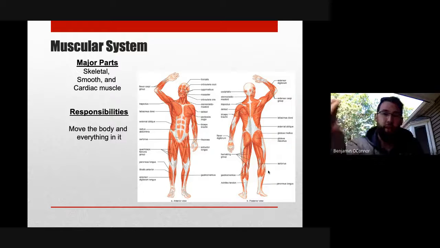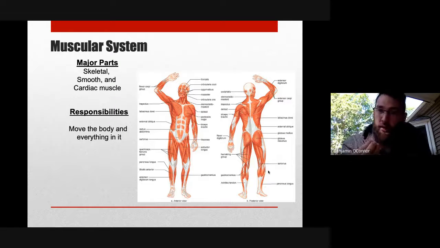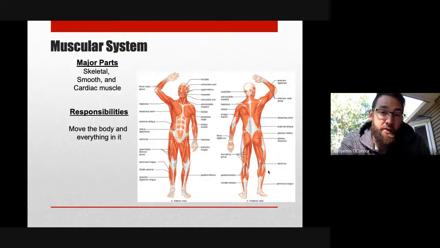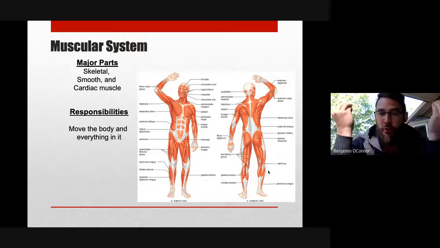You control this. You don't control your heart beating, and that is your cardiac muscle. In general, the responsibility of the muscular system is to move the body and everything in it. So when you are walking over to your laptop to view this presentation, you were using your skeletal system paired with your muscular system to complete that movement.